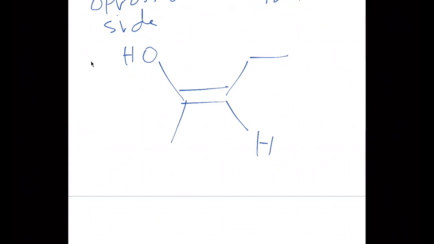So for this alkene, if we want to determine what the stereochemistry is, we have to apply what's called the CIP rules. Con, I'll write it out. It's Cahn-Ingold-Prelog.